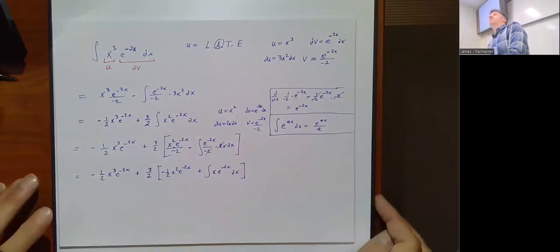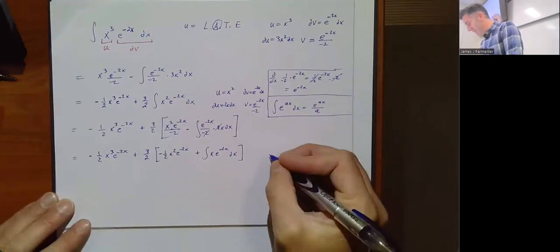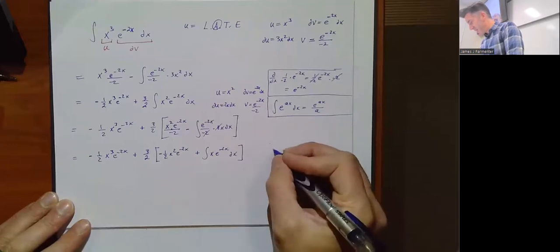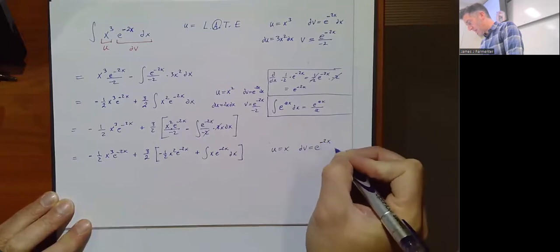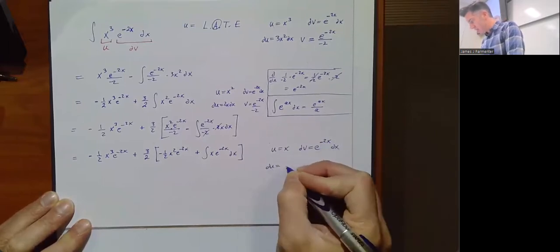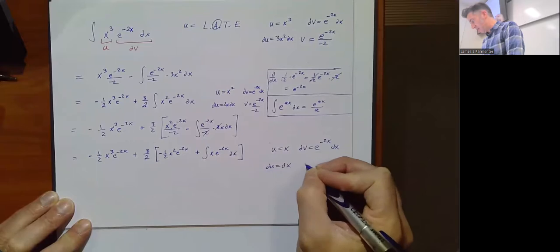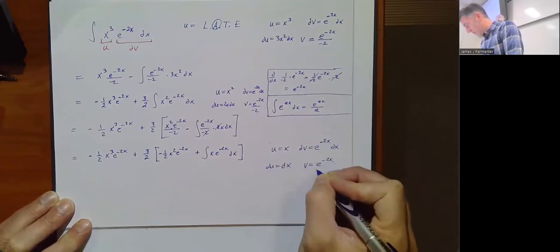One more time. So now for this integral here, we're going to let u equal x. dv once again is e to the negative 2x dx. du is just 1 times dx. And v is once again e to the negative 2x divided by negative 2.